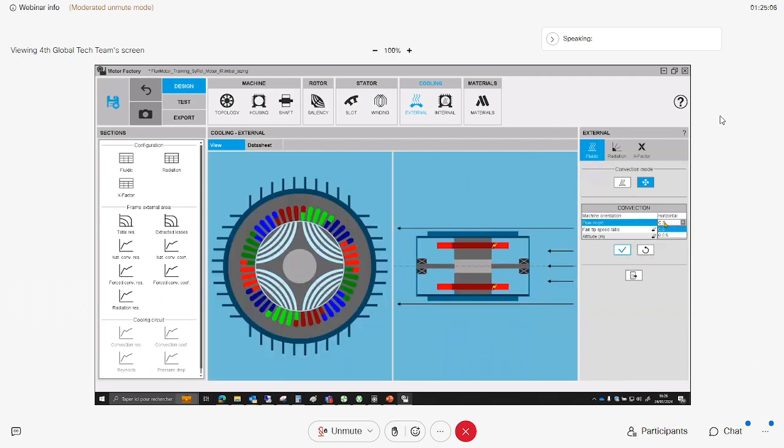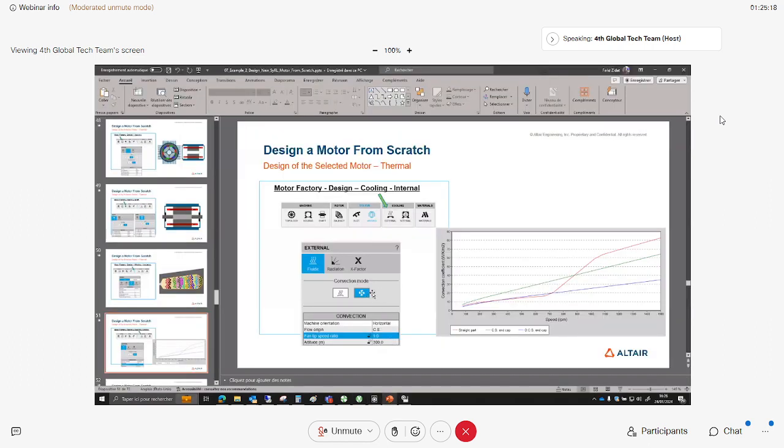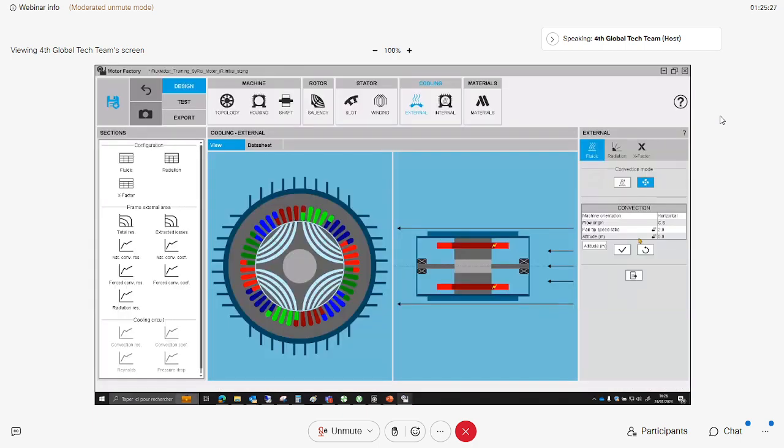Then if you have a forced flow, from which side? In our case, we chose forced cooling, and we set a speed ratio of 1. So the speed considered for the cooling is the same as the rotor speed, and we choose an altitude of 300 meters.